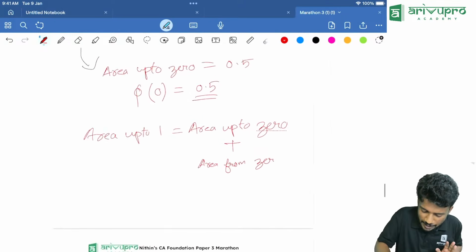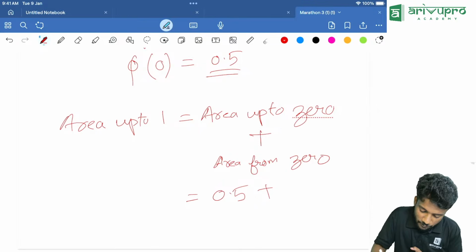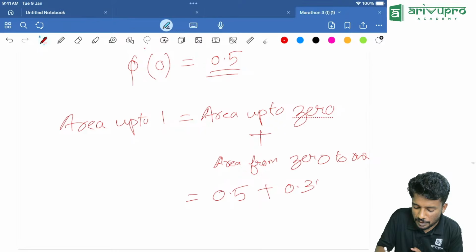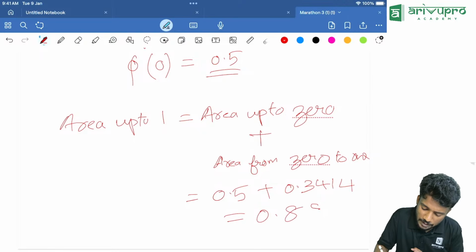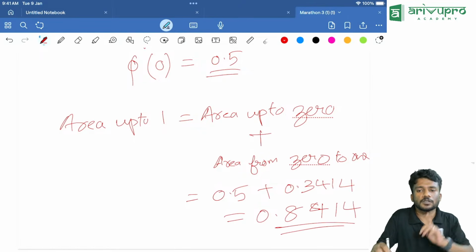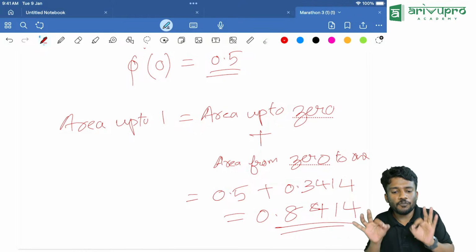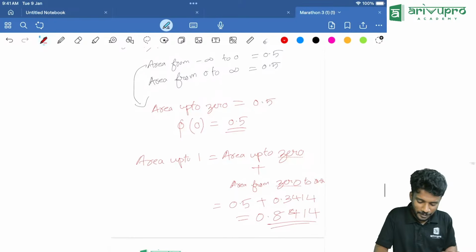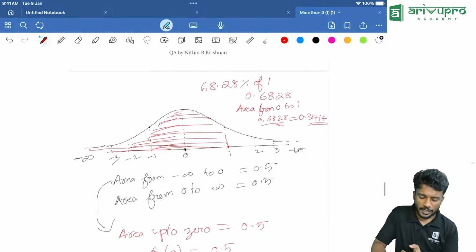So area up to 0 is 0.5 plus area from 0 to 1, that is 0.3414. So that is 0.8414. Are you understanding? So 0.8414 is the area from minus infinity to 1, or area up to 1.